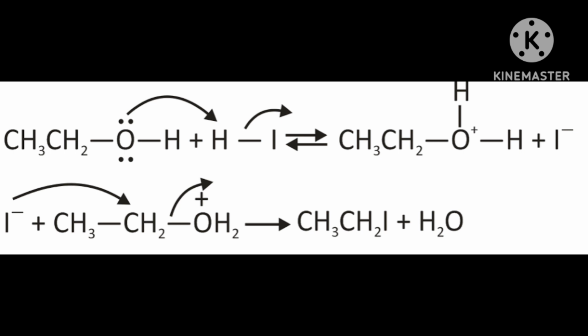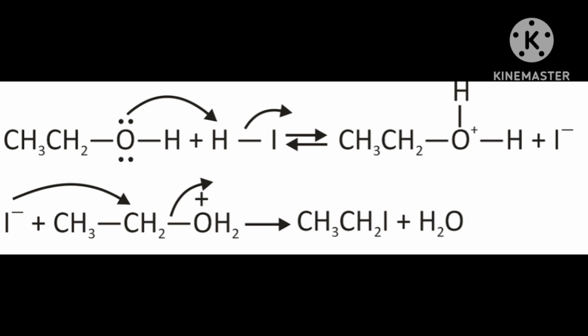But it is second order, which means the rate of reaction will depend upon the concentration of two reactants: one is I minus, and the other is the ether, or rather the oxonium ion. This reaction depends upon the concentration of both.